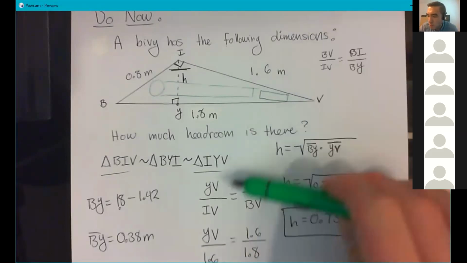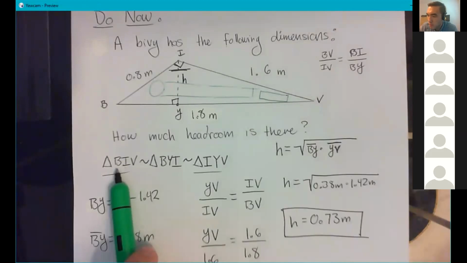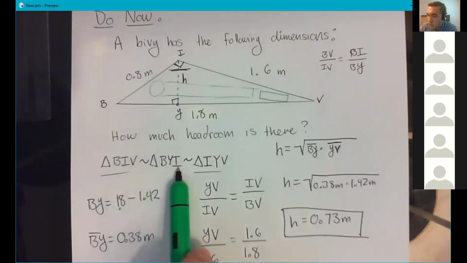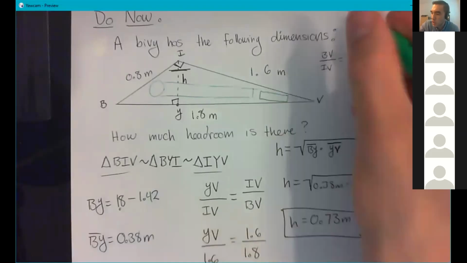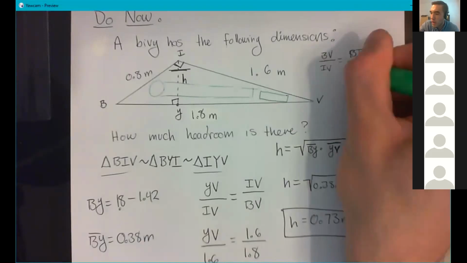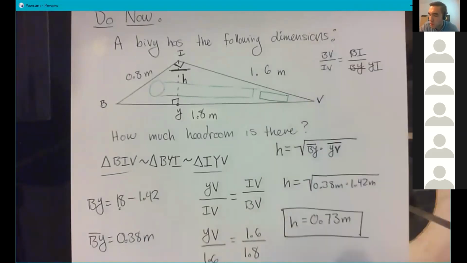So if you're doing BV over IV, that's first and last divided by the last two. This is an incorrect proportion. It would have to be BI over YI, which is an unsolvable proportion because it has two unknowns.